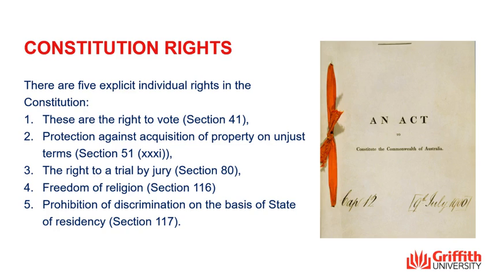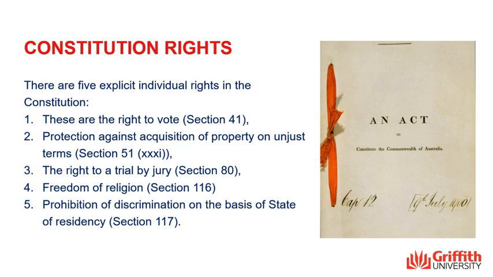In terms of constitutional rights, there are 5 explicit individual rights that are contained within the Constitution. The first of these is the right to vote, contained in section 41 of the Constitution. The second is the protection against acquisition of property on unjust terms.